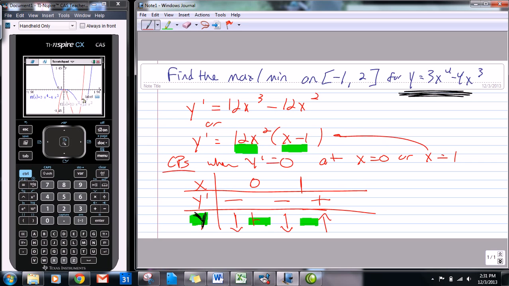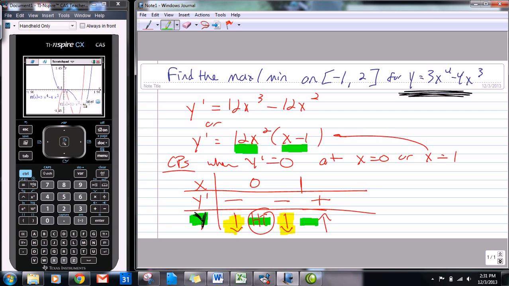It is, however, a horizontal tangent, but it's not a max or min. The reason is we don't have a change in behavior around that particular critical point. In other words, we don't have a change in sign of the derivative, negative to negative, that happens at 0. So that's an example of a critical point that's not a max or min, relative or otherwise.